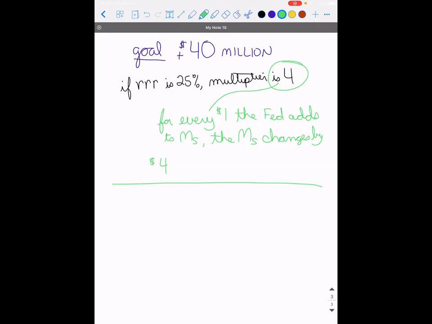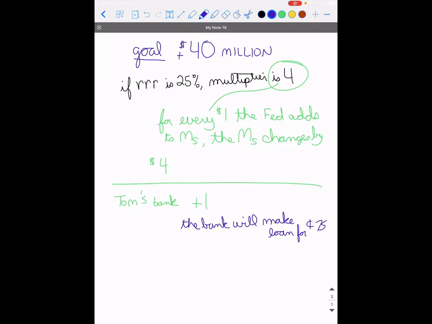The Federal Reserve is going to pay me that dollar, and I'm going to put the dollar that I just got into the bank. So Tom's bank is going to go up $1, but the bank will make a loan for 75 cents to someone else.